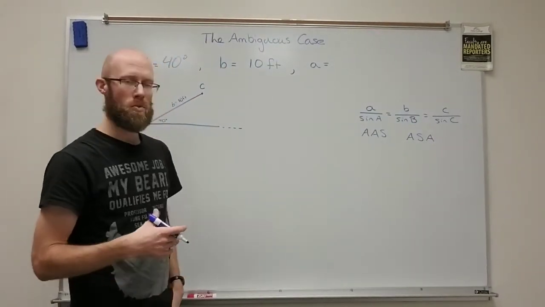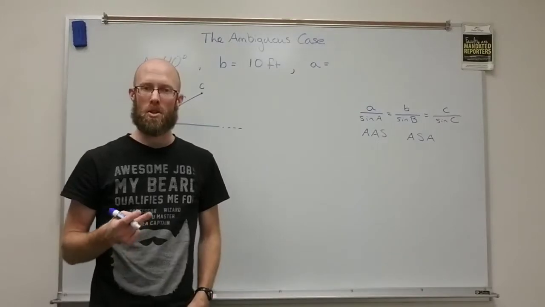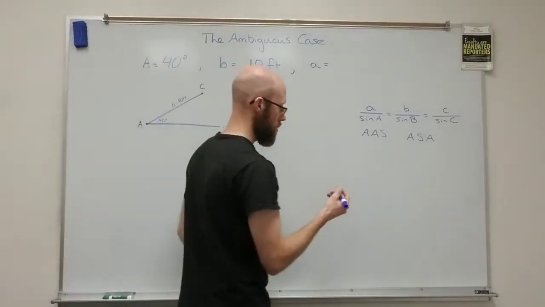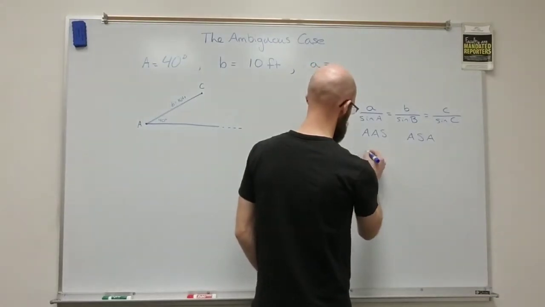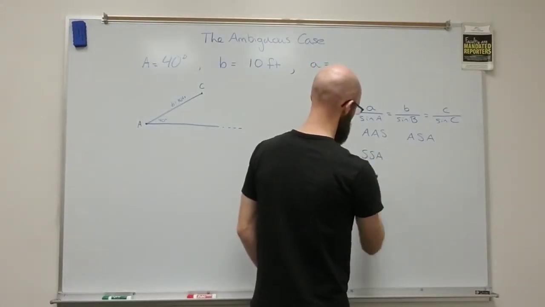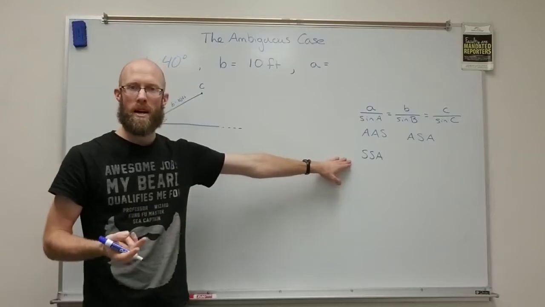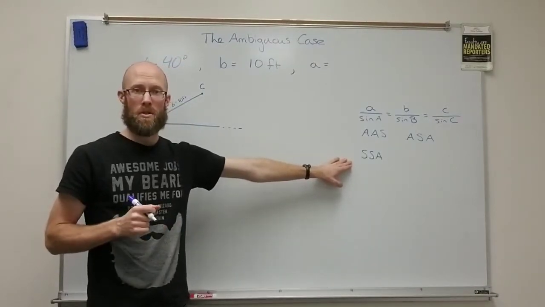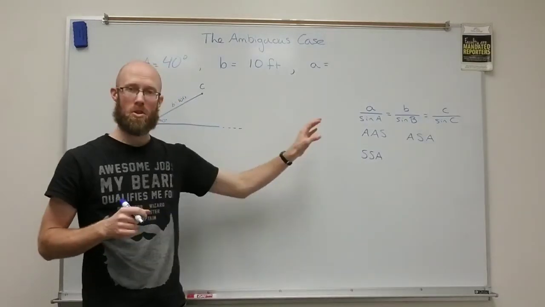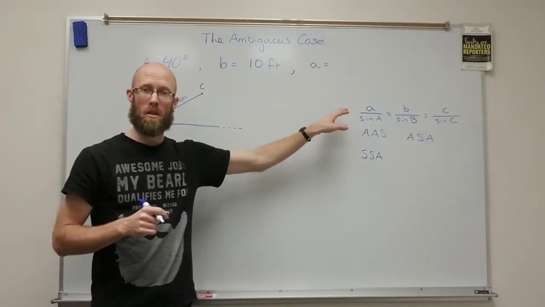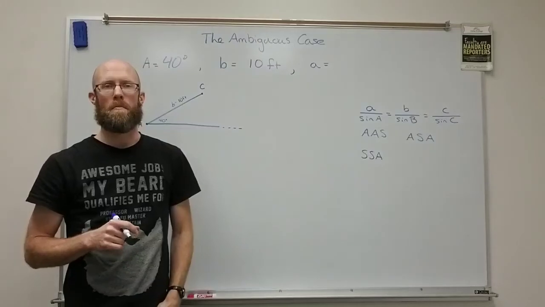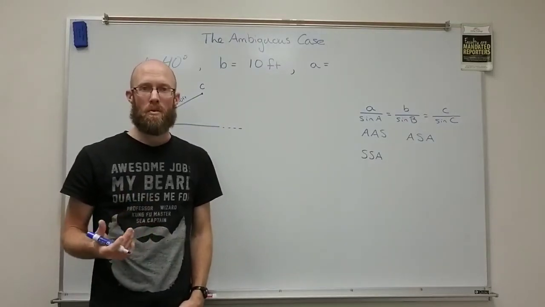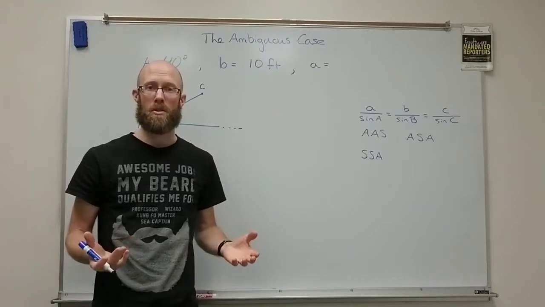However, the situation is different if you're given two sides instead of two angles. In the case of SSA, two sides and an angle given, we're going to have a little bit different situation. It's not going to be solved as easily. We're still going to solve it using the law of sines, but it's going to be what we call the ambiguous case, which just means there's many options.